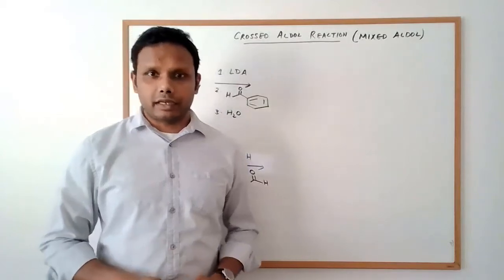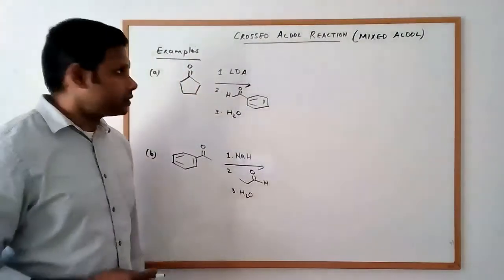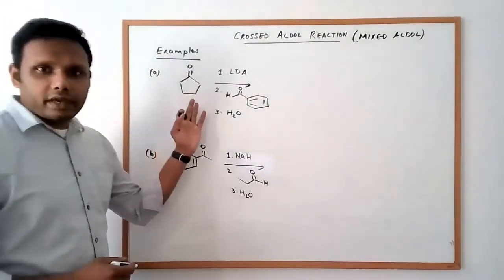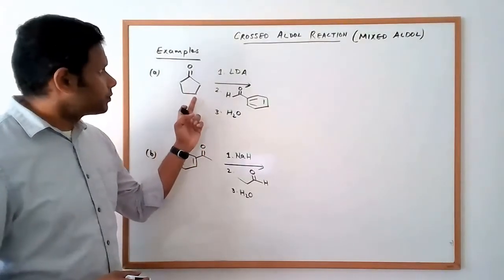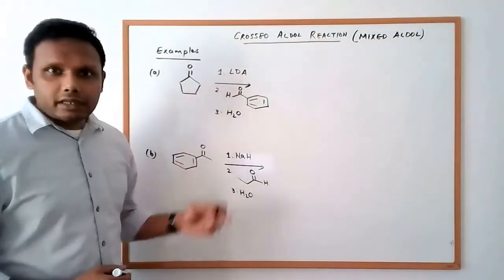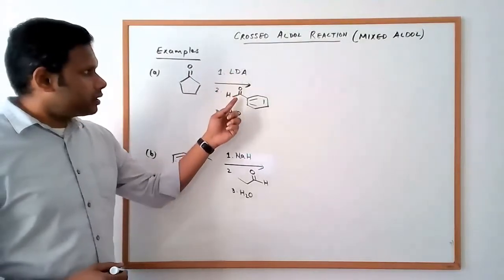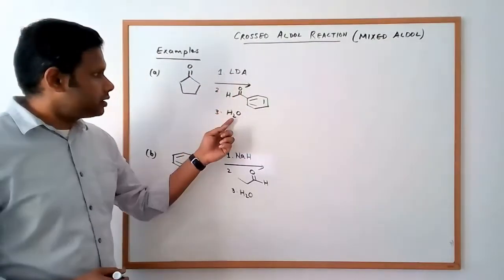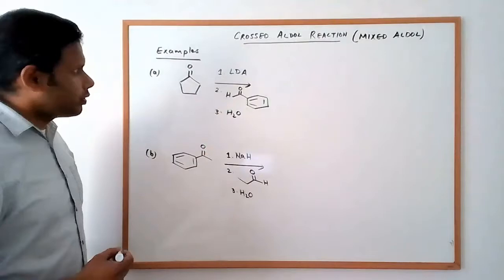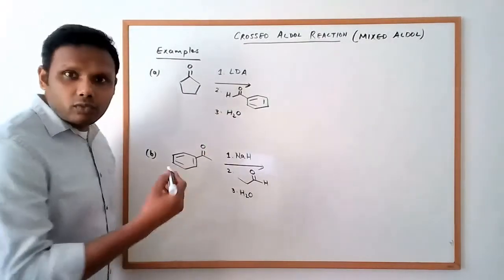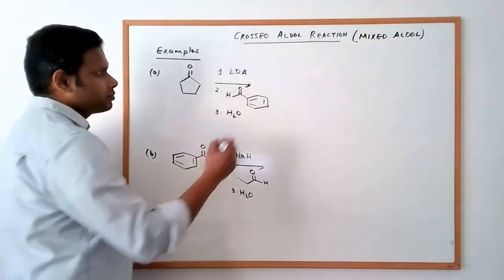Now let's look at some examples that involve crossed-aldol condensations. So we have a ketone here, and we're reacting it with LDA, followed by the addition of benzaldehyde, and then there's a third step of water. Okay, so let's see what would happen in each of these steps.